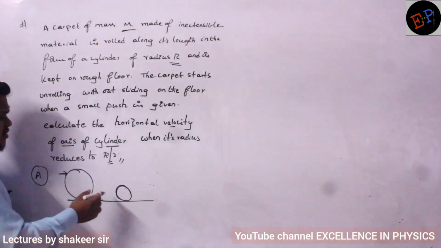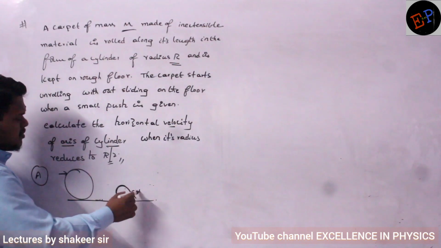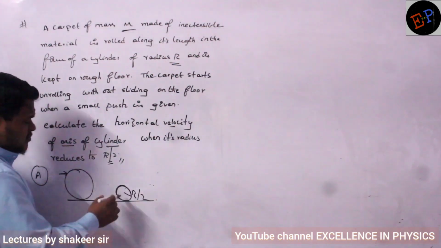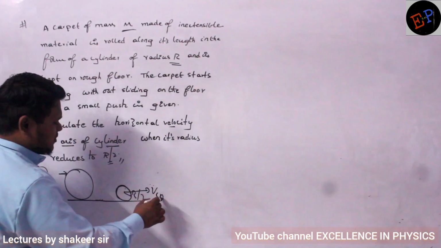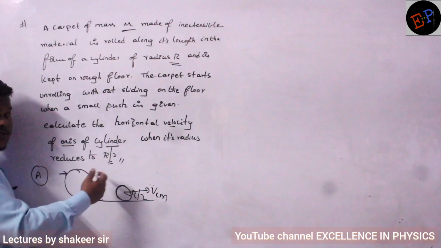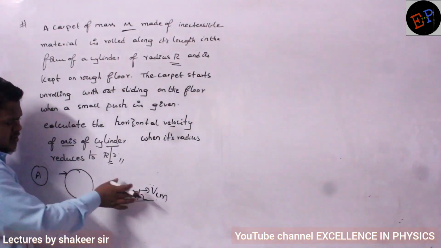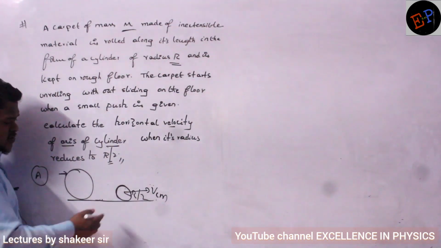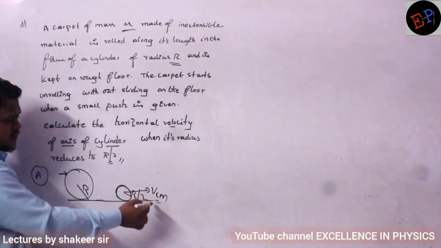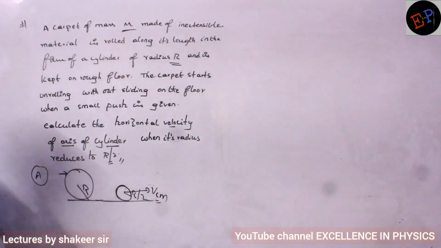So its radius has become only r by 2. By this time it will have some velocity, no? It will have some velocity of center of mass. Initially velocity of center of mass was 0, it was in rest position. But when it starts unrolling, then it will gain some velocity. So when it reaches a radius of r by 2 from r, it will have a velocity of center of mass. So that's what he is asking, no?